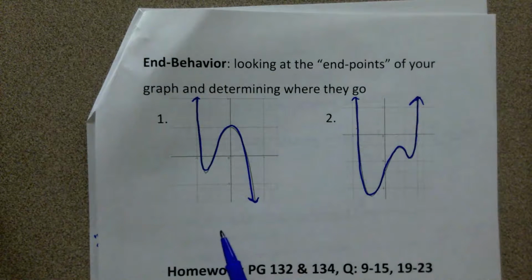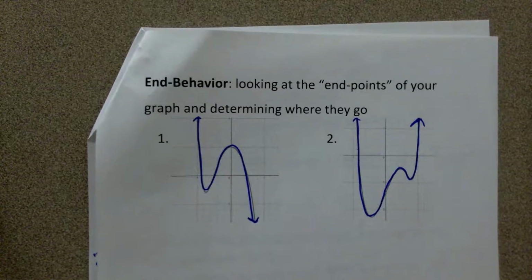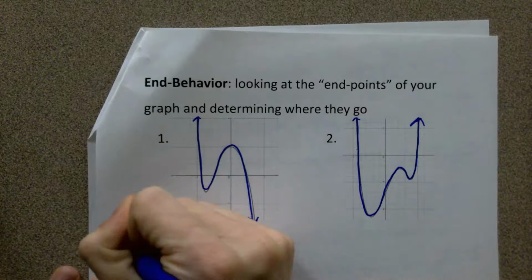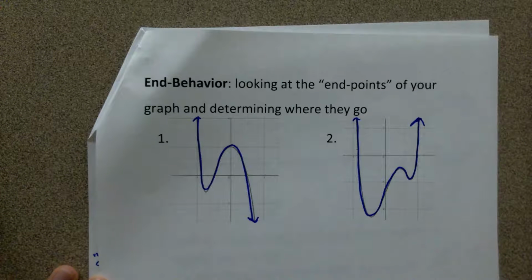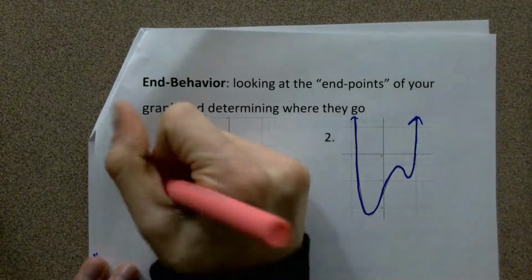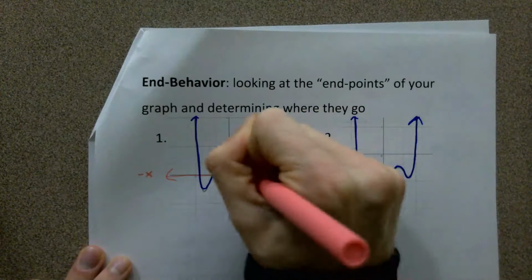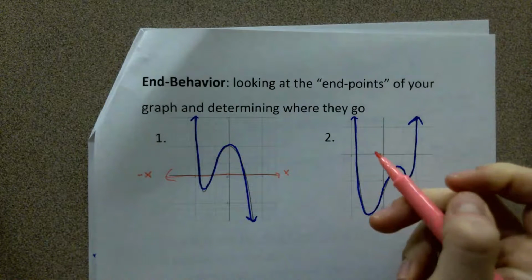Looking at number 1, ignore this homework, this is not your homework. The way that we write end behavior is as we move in the negative direction on my x-axis, so we're getting to negative x and positive x, right?